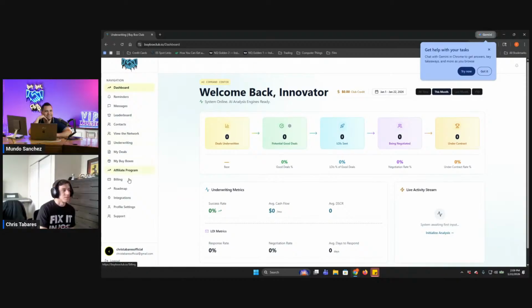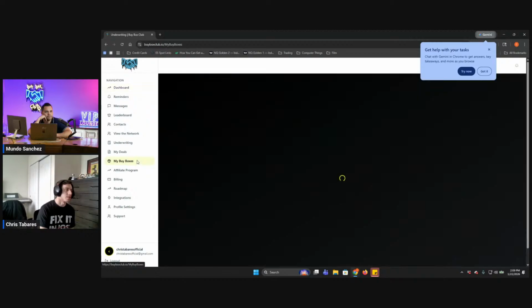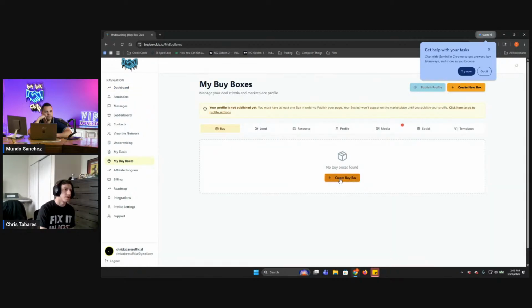Since we're talking about getting buy boxes done, or getting that first buy box logged in here, my immediate check is my buy boxes, and I can see, okay, create a buy box. I do see my profile is not published yet. I need at least one buy box in order to publish my page. So I need to do the buy box first, and then I can get a profile.